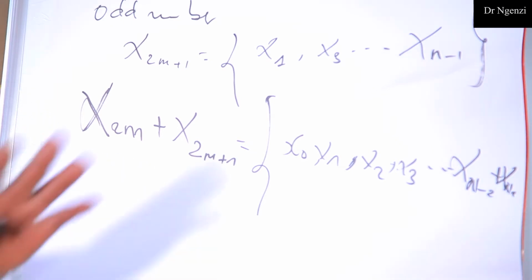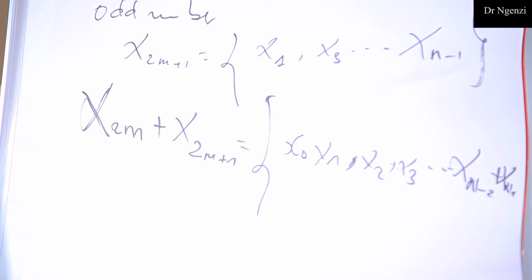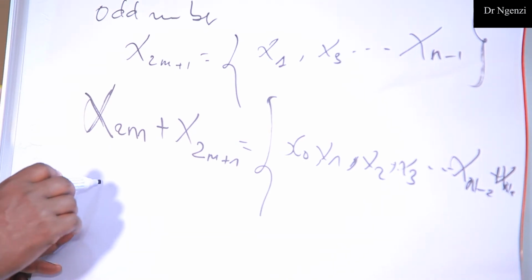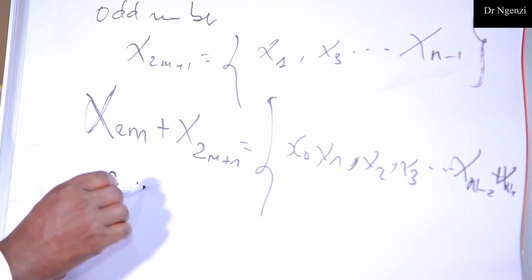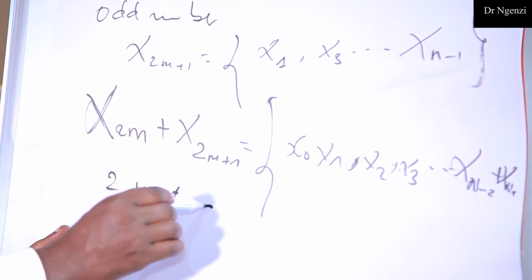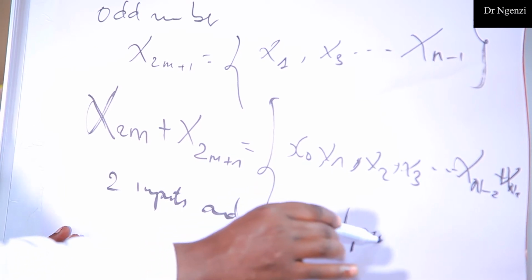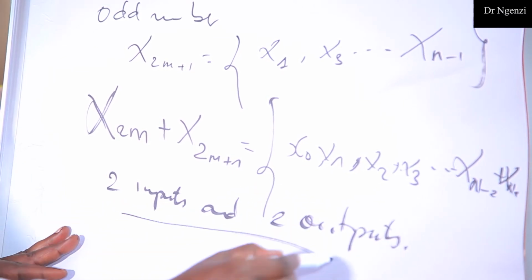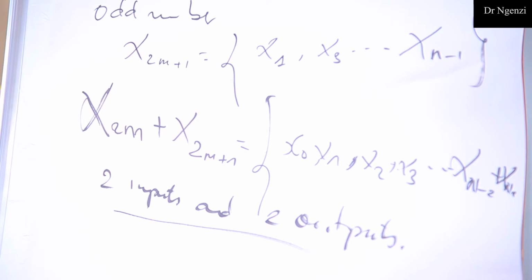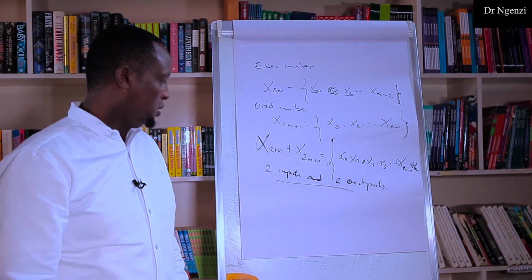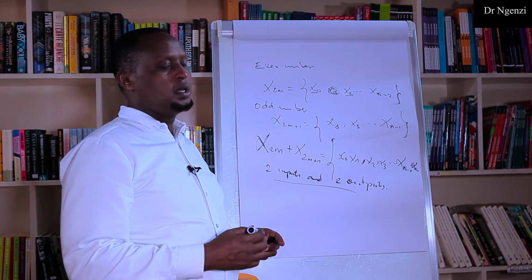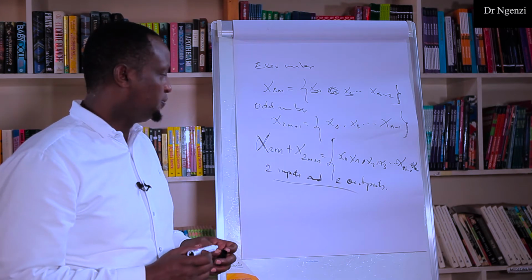So that is a RADIX-2, where we have two inputs and two outputs. So now we can move to 4 points, RADIX-4.